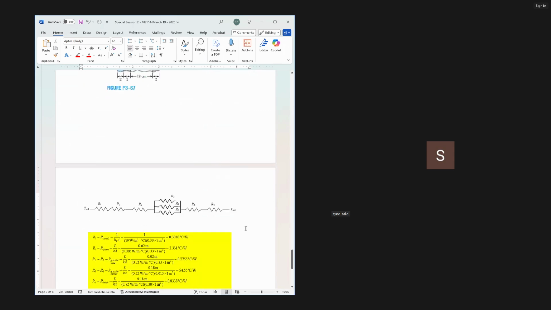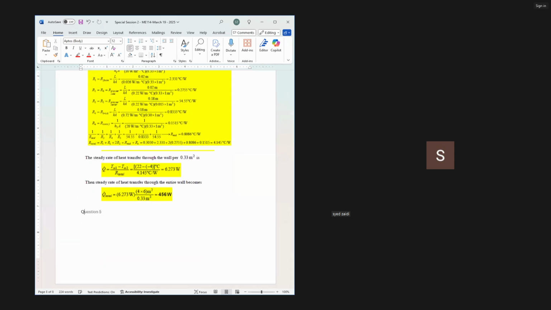These are question 5. I will say this probably will be the last thing I want to do. Question 5 is the derivations. The derivation basically in this case, please see plane wall and cylinder, Q dot equations, how you derive them.